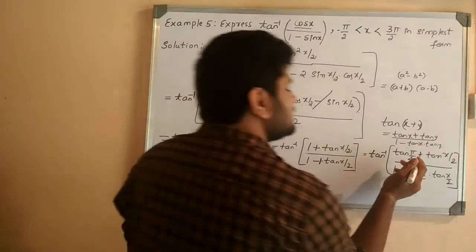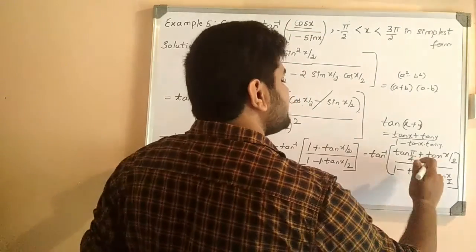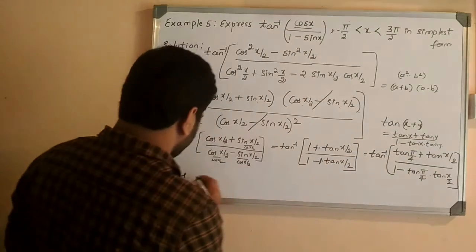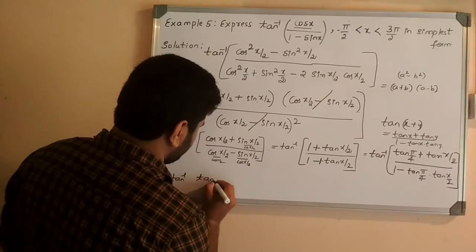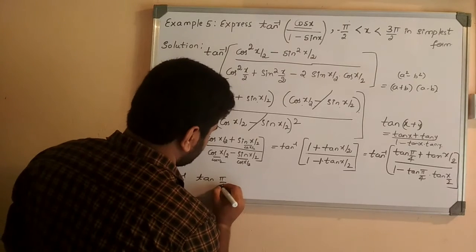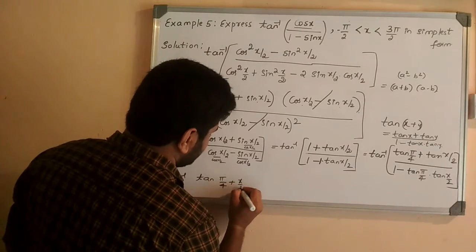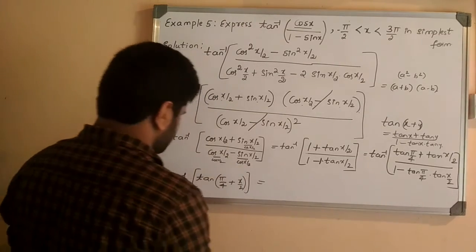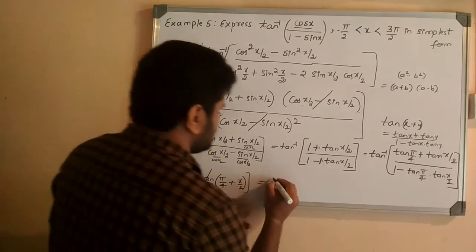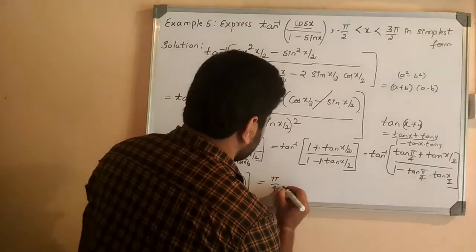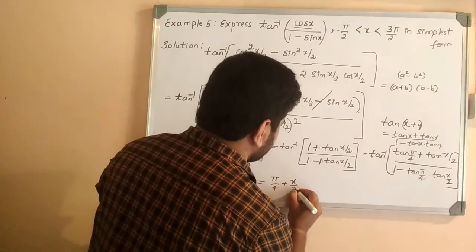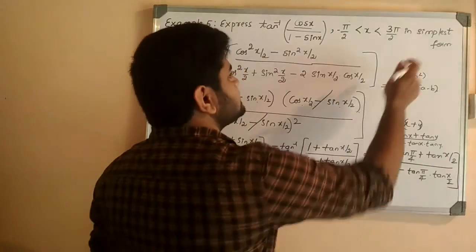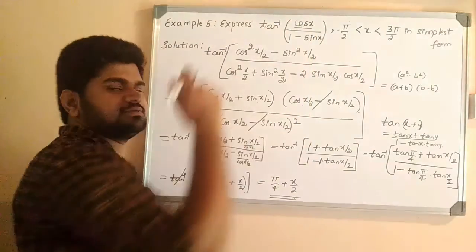So here it is tan of pi by 4 plus x by 2. So tan of pi by 4 plus x by 2. So pi by 4 plus x by 2 is the simplest form of this question.